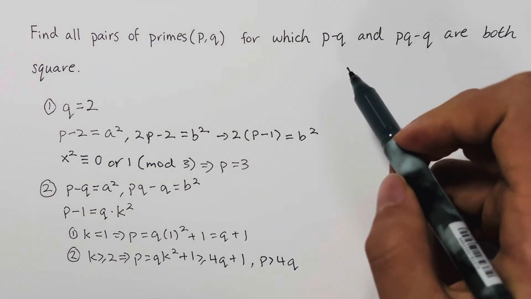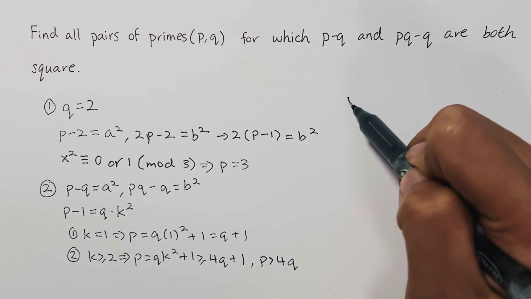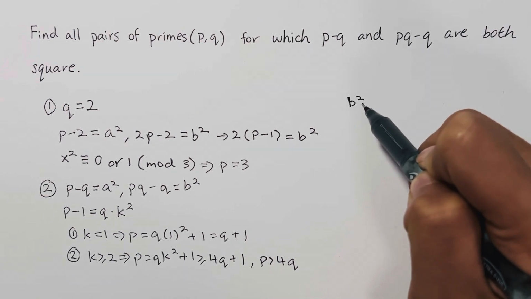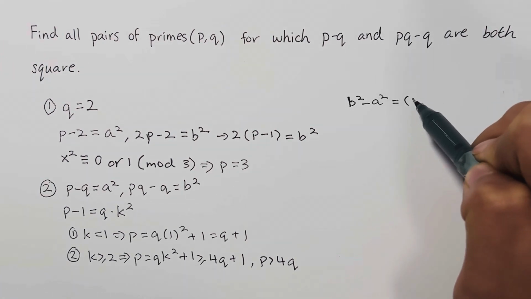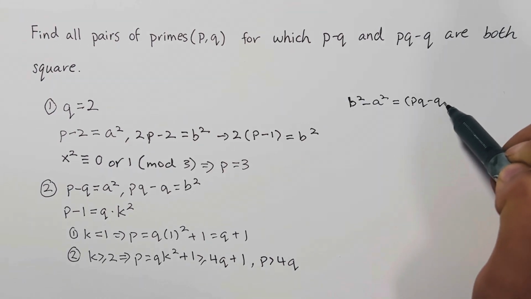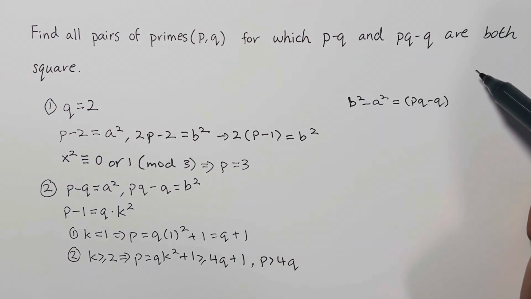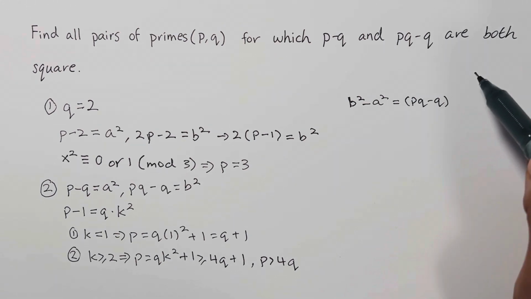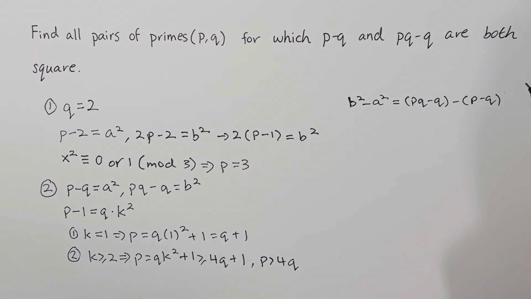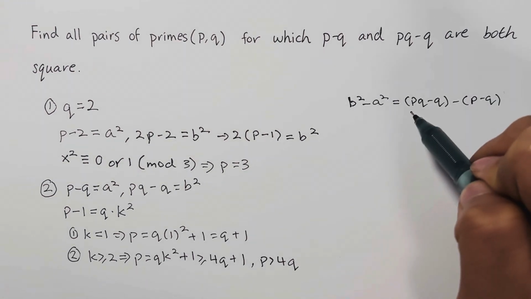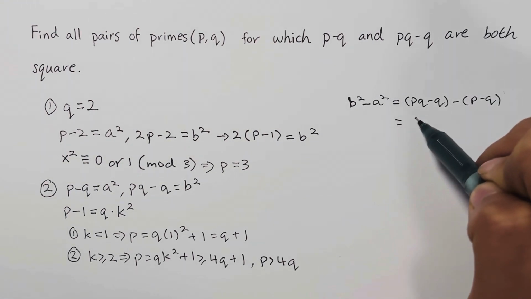We can say that b squared minus a squared equals pq minus q minus p minus q. So b squared minus a squared equals pq minus p.